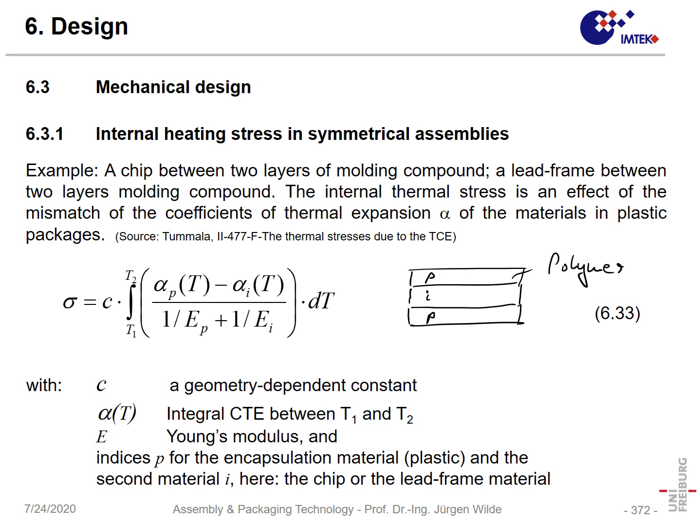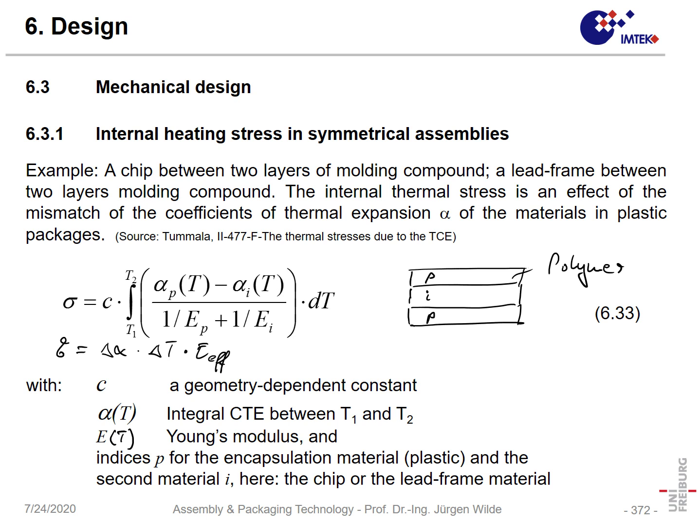And for polymers, we must say the alpha is temperature dependent, and also the Young's modulus is strongly temperature dependent. In that case, the formula which we know, which is sigma = delta alpha times delta T times E effective, is not valid anymore.